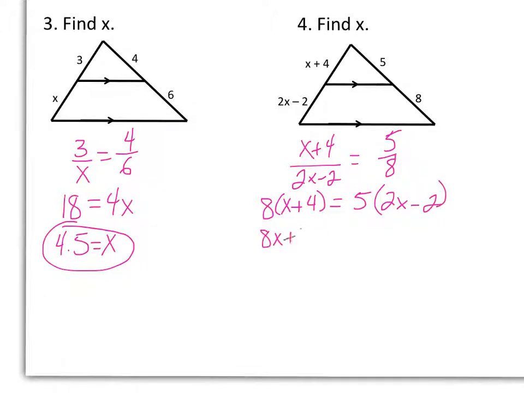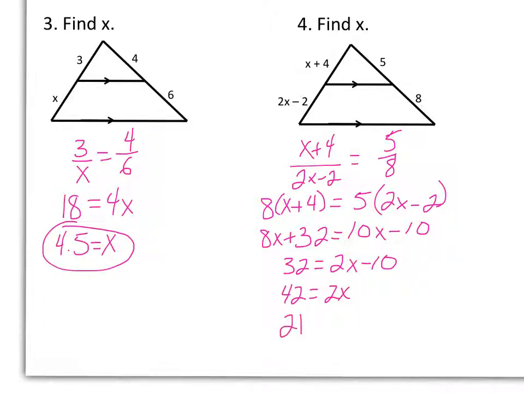Distributing on both sides. Then I can subtract 8x. Add 10. Divide by 2. X is 21.